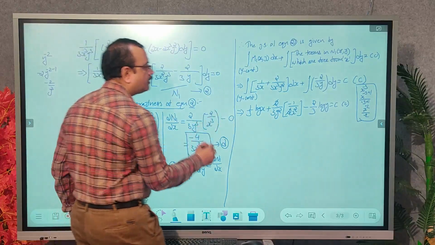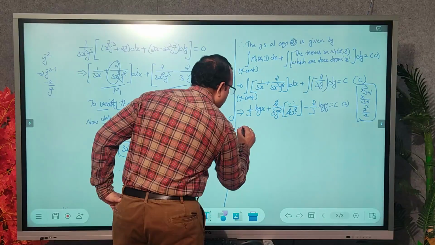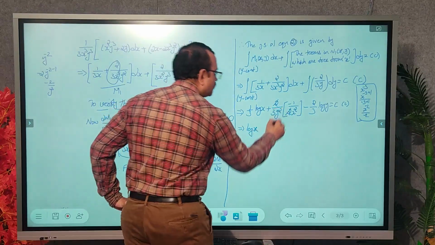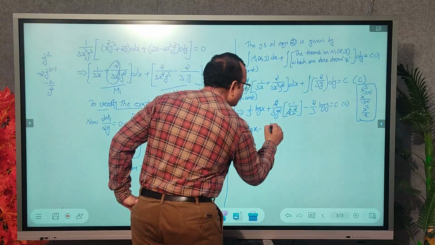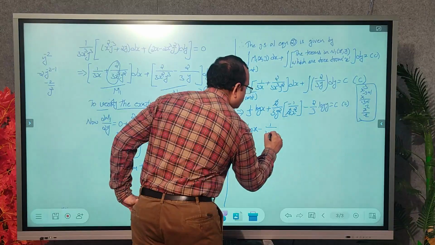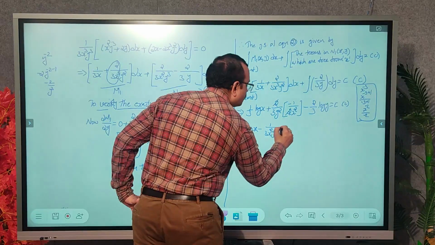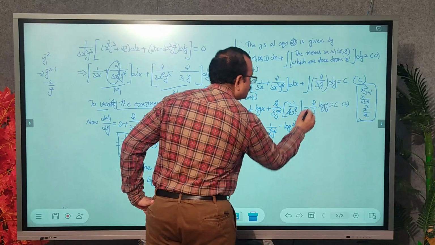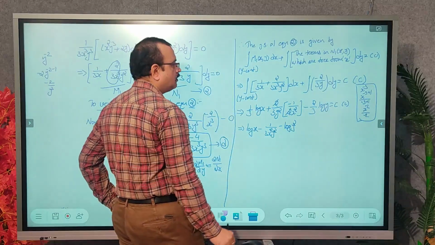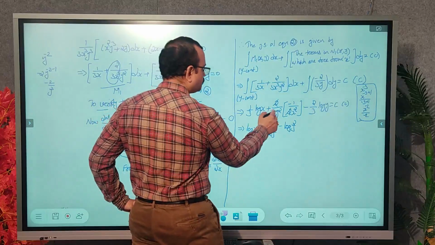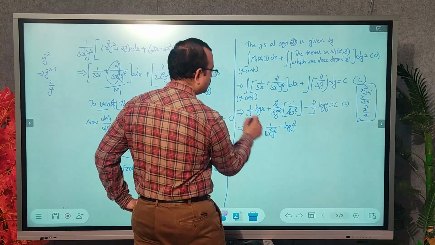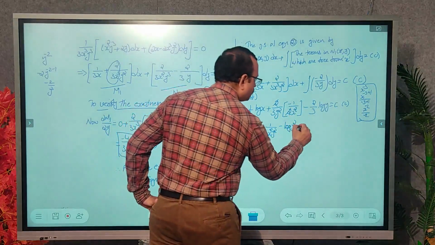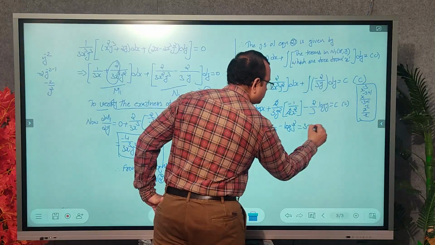You just multiply on both sides with 3, then we can write it as log x, negative sign here we have minus 1 by 3x square y square, minus log of y square. This 2 log y can be written as log y square. So if you multiply with 3, here 3 cancels out, here 3 cancels out, here also 3 cancels out, and here also 3 cancels out, but on the right side we will get 3c.